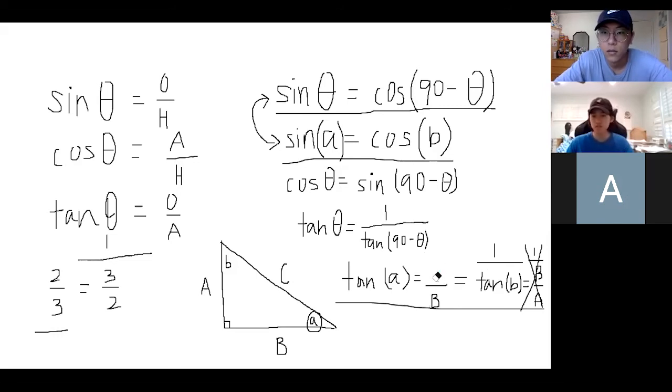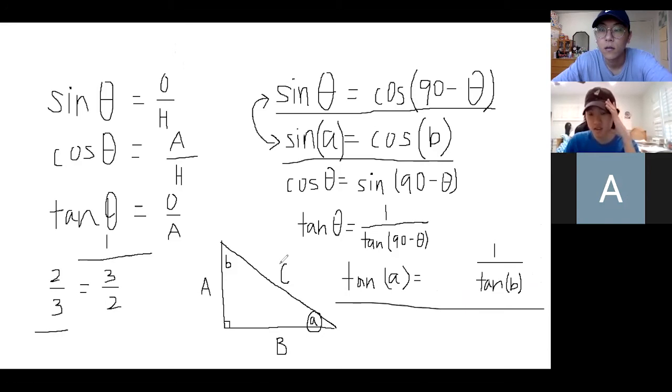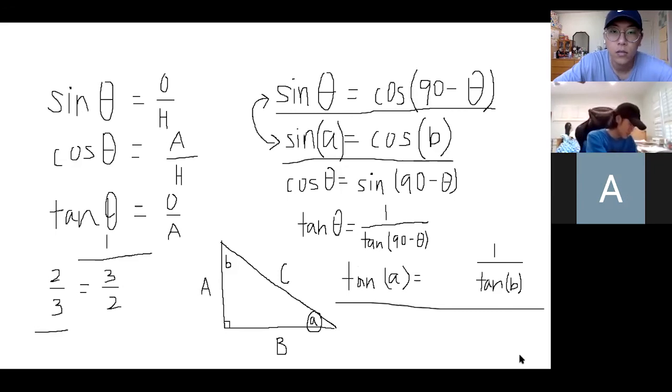Tangent of A equals 1 over tangent of B. So you substitute, oh wait, hold on. So it is tangent of 90 minus B, right? Okay. Does everything make sense to you now, or are you still confused? Yeah, it does now. You got it? Okay, great.